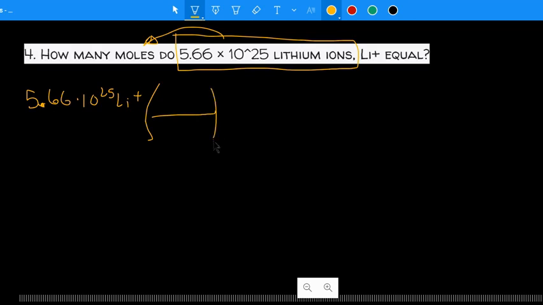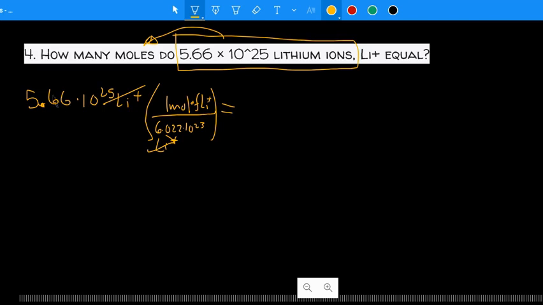All right, I know in 1 mole of anything, I have 6.022 times 10 to the 23rd lithium ions. All right, so my lithium ions cross off, and I'm in moles of lithium.